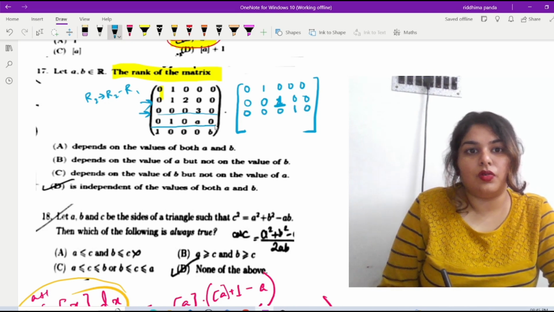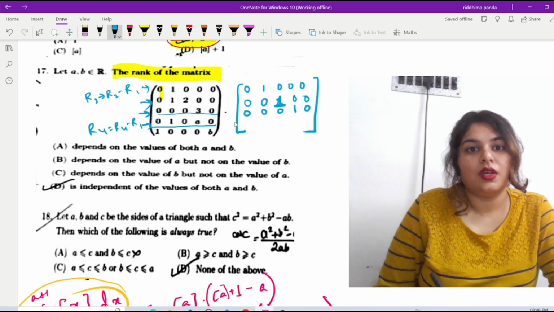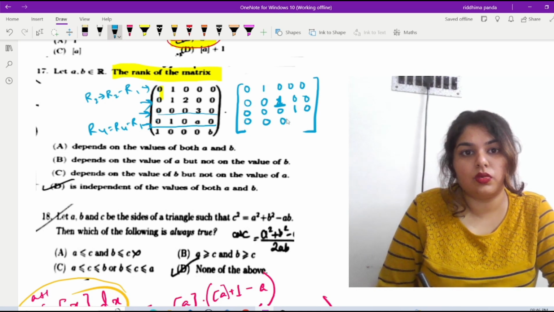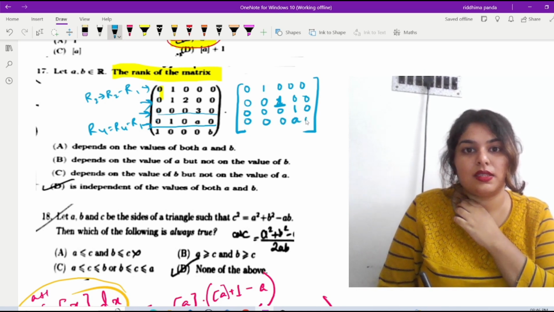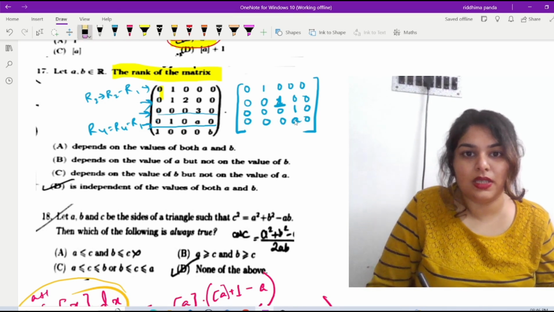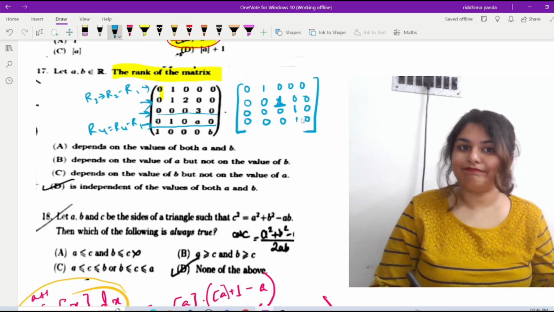Now again this row and this row I can operate on: R4 is equal to R4 minus R1. So this is 0, this is 0, again 0, and this is A, 0, 0, divided by A. So we eliminate A altogether and we have 1.